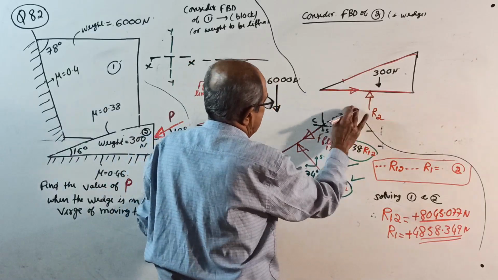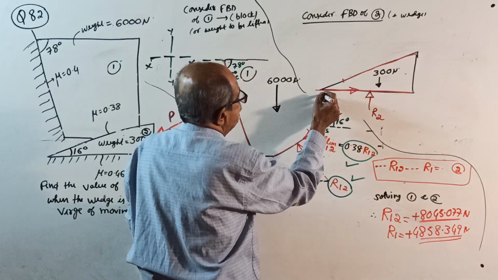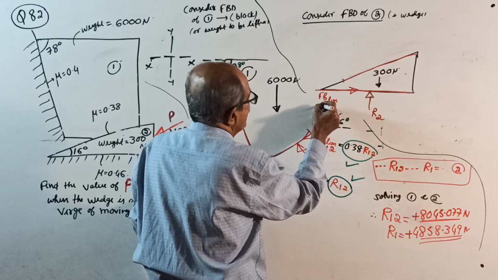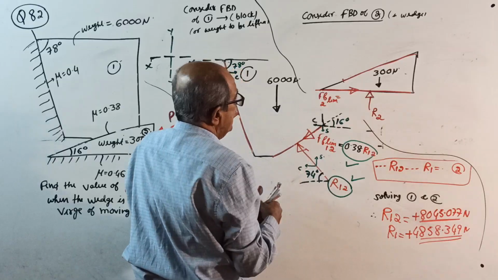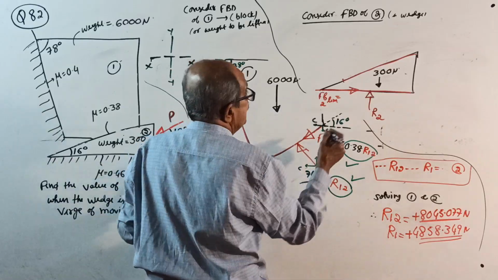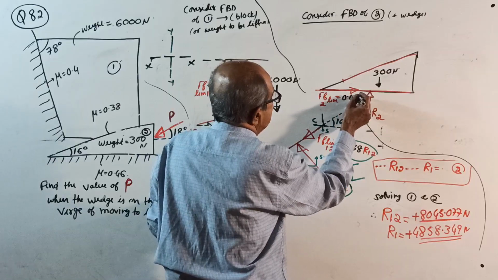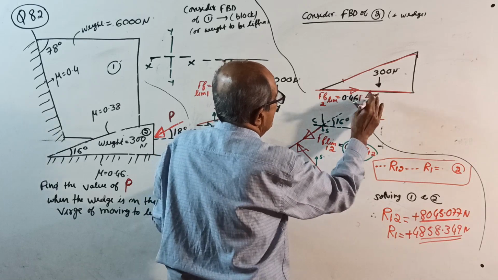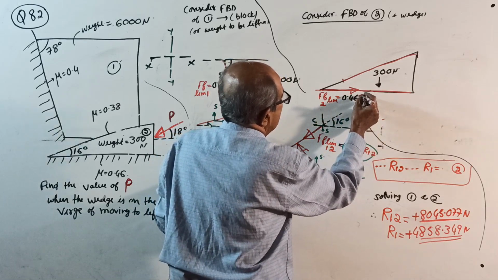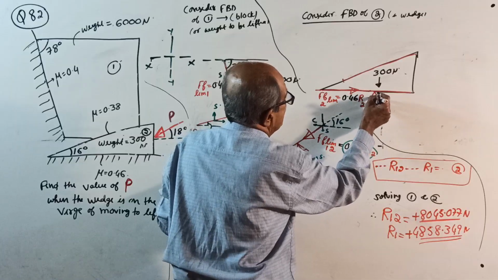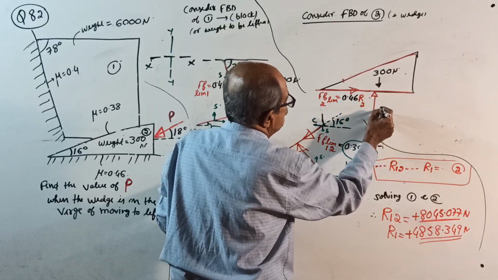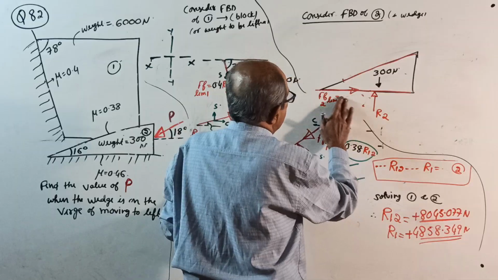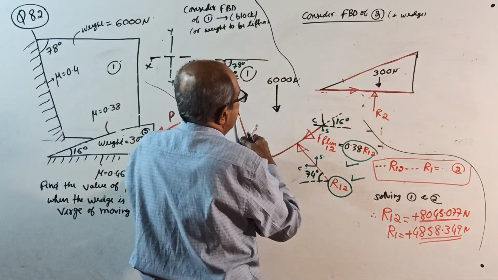This is F_F limit for 2, equal to the friction coefficient 0.46 times R2. Okay, I'll make it a little bigger so that you can understand.